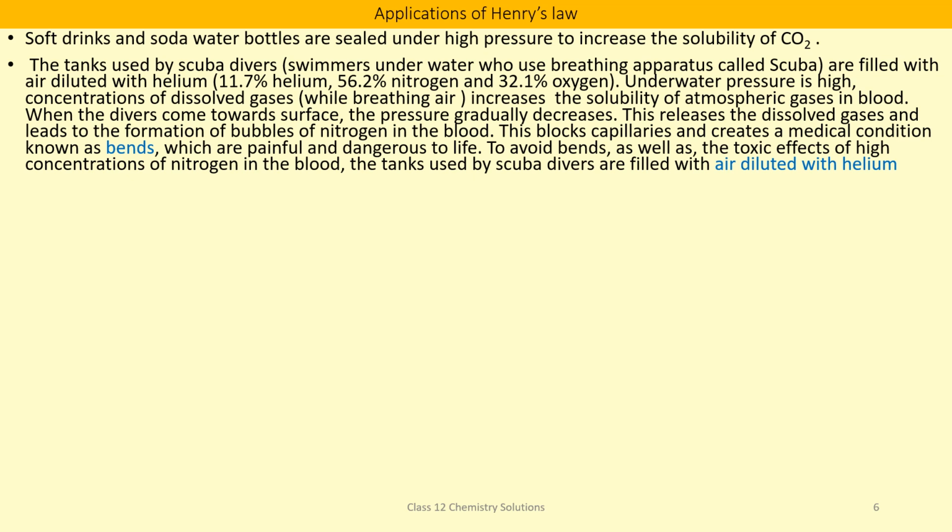The next one is the scuba tanks used by scuba divers. Scuba divers must cope with high concentration of dissolved gases while breathing air at high pressure under water. Increased pressure increases the solubility of atmospheric gases in the blood.